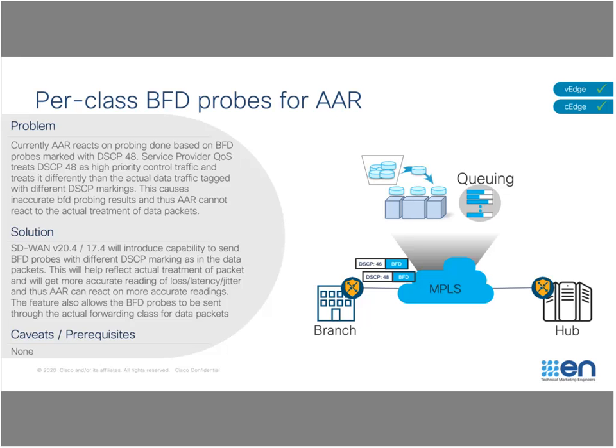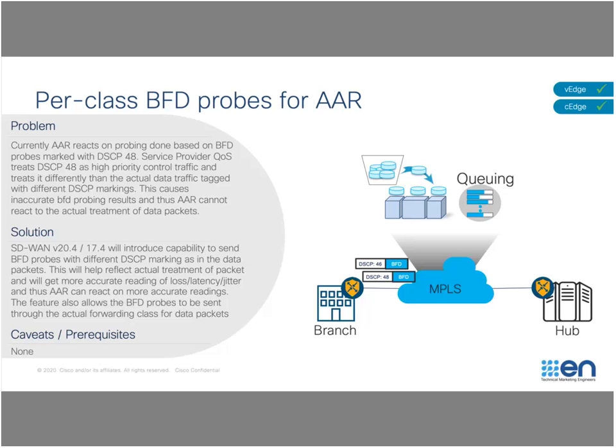In other words, the problem with marking all of our probing traffic with DSCP 48 or CS6 is that it is not accurately measuring all of the quality of service, all the queues that our carrier or our service provider might have set up for us within the MPLS cloud or within our private network transport.